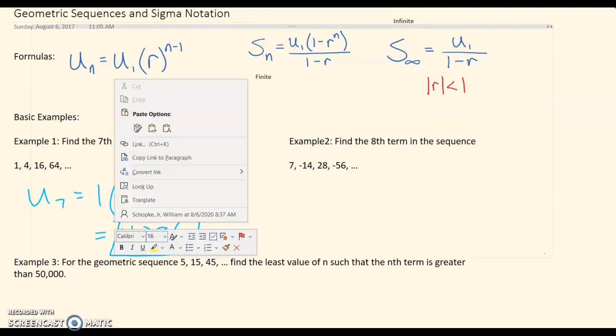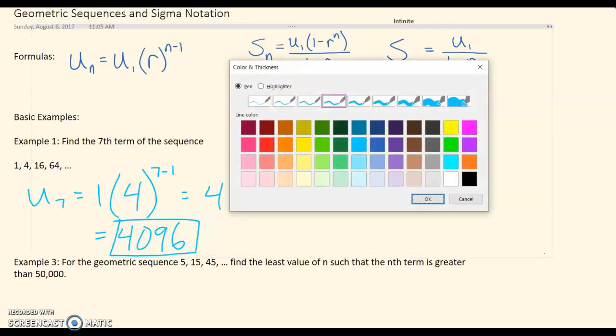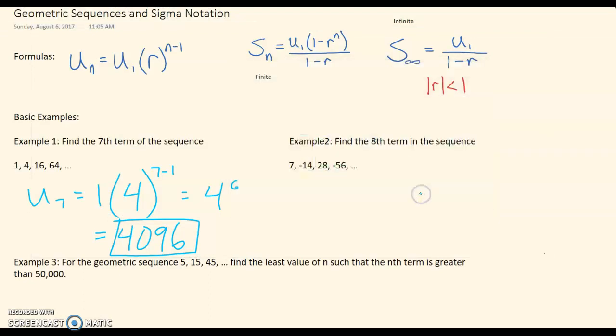So, next one, we want the 8th term. So that's u sub 1 times our common ratio, which this time is negative 2, to the 8 minus 1. So negative 2 to the 7th times 7 is negative 896.